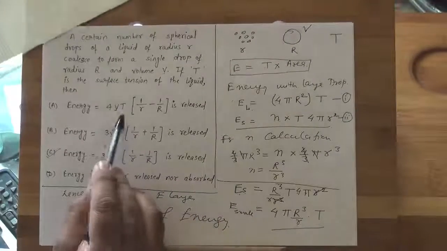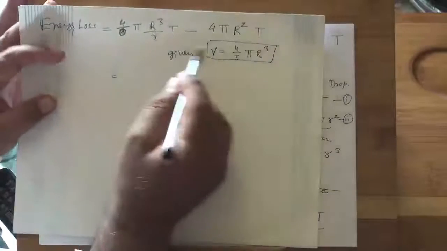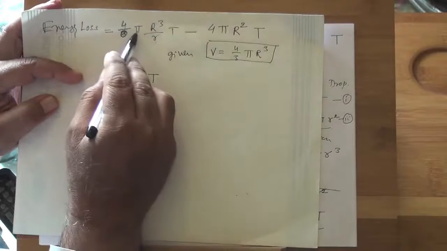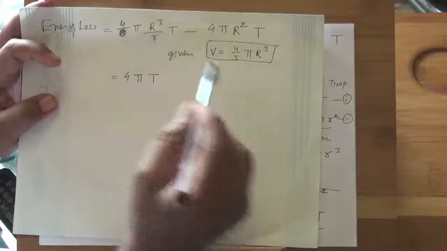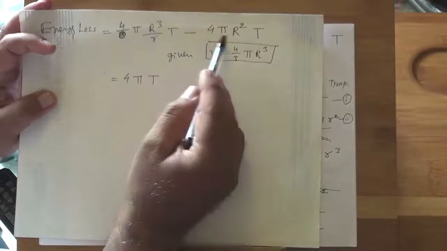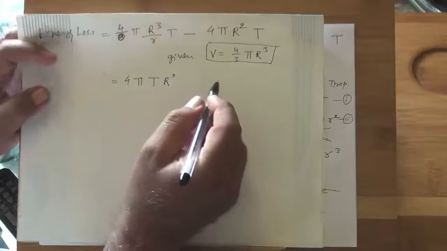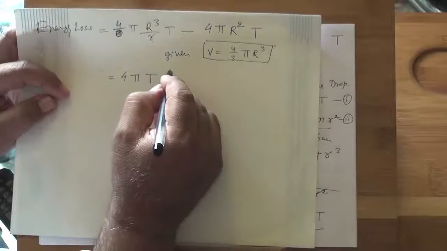In our answer, T is common and taken out of the bracket, so we take T out as well. We also take 4 pi out, 4 pi T. Now what else? R square, but our answer has 1 upon r, so let us take R cube.